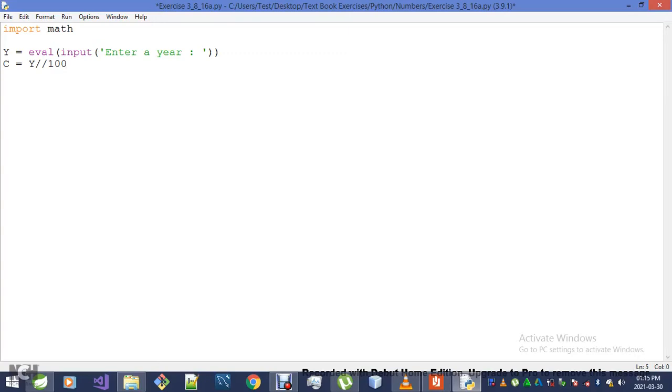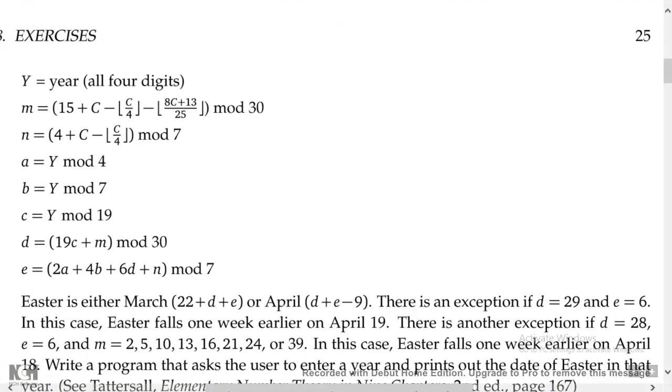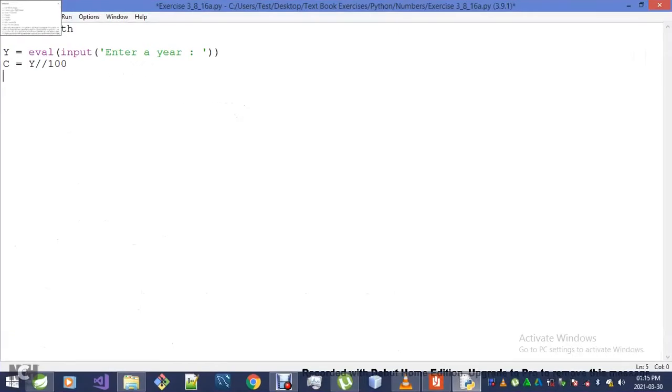Now as for M, it is 15 plus C minus the floor function of this quotient C over 4, minus the floor function of 8 times C plus 13, divide the whole thing by 25. Then finally mod the thing by 30. So let me do that. It's small letter M.